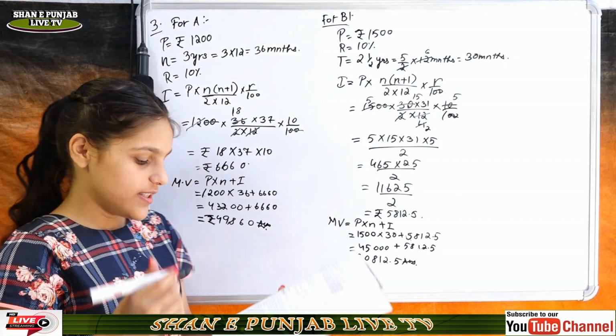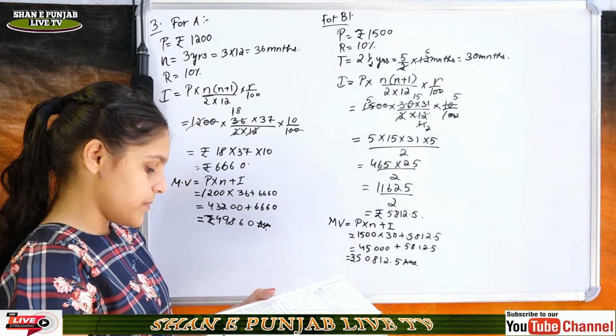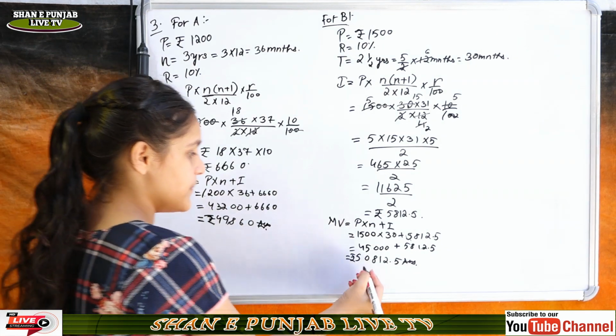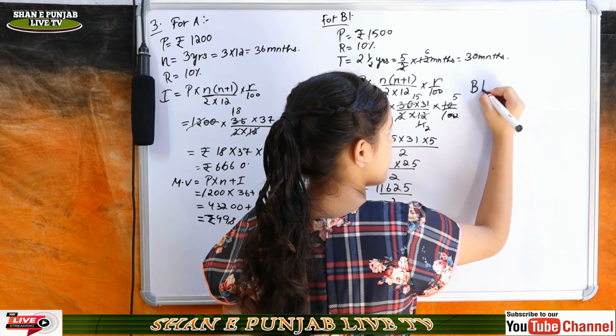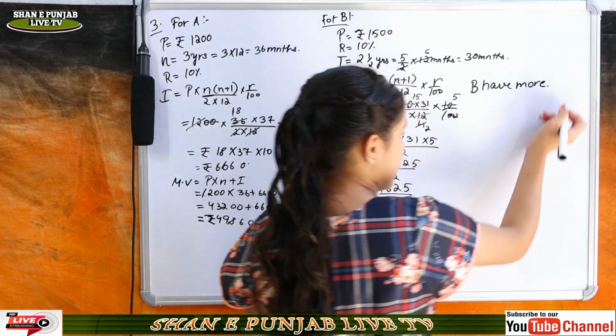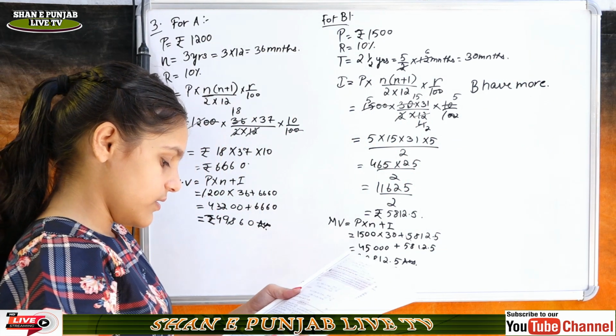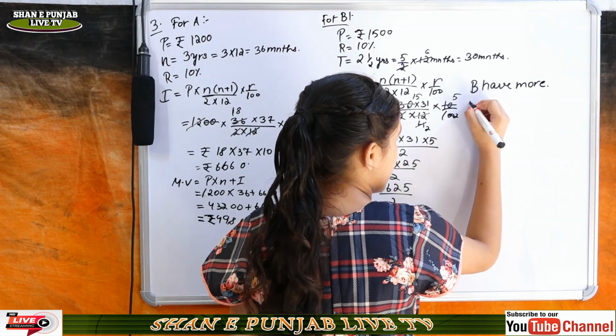Now according to the question, they asked us which has more amount. So here B has more. B has more, and then they asked us to find how much more. For that we'll find the difference.